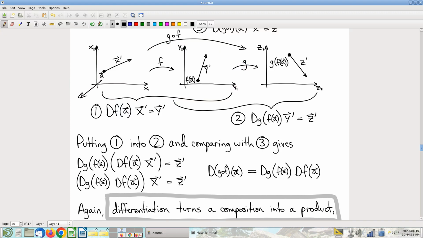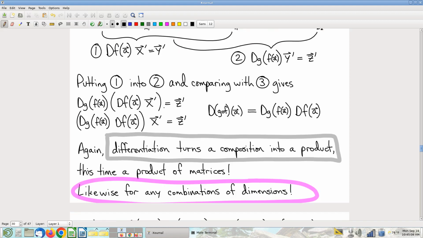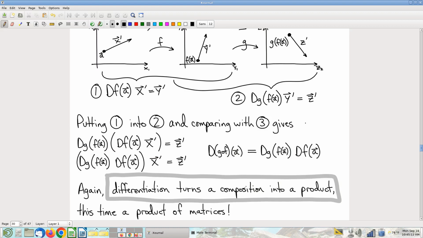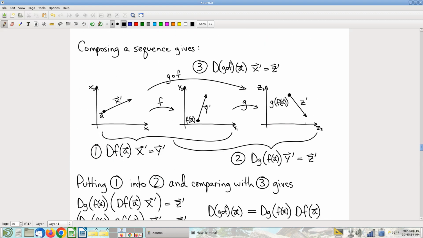Okay, now it's 3-dimensional. Same argument. Or if you want to have 2 to 3 and then 3 to 2, also fine. Any dimensions work, because these are vectors in general.